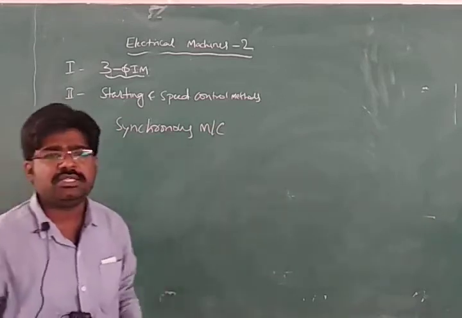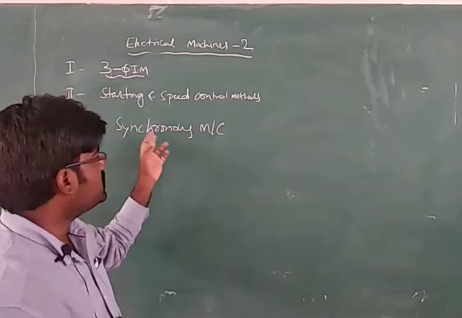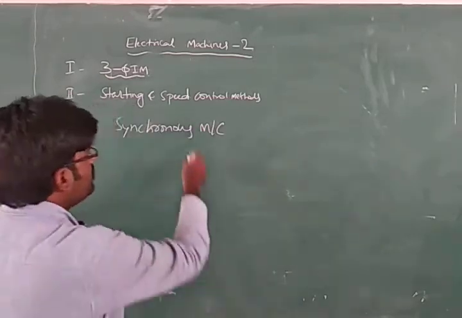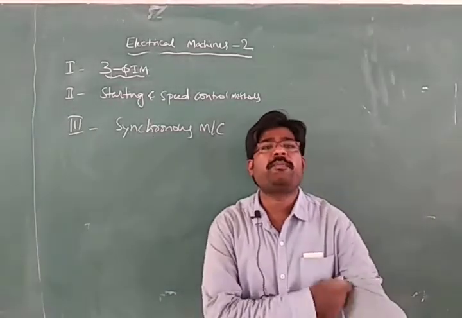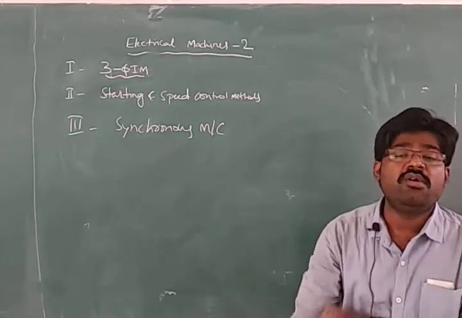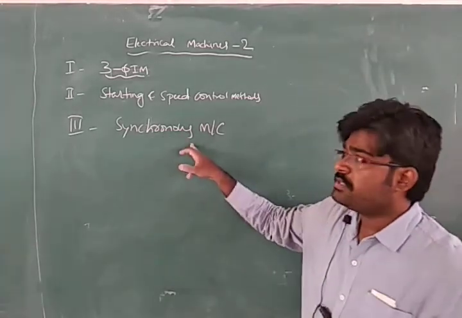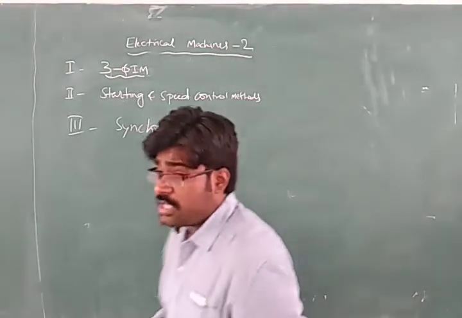Synchronous machines are constant speed machines, the speed is always constant. In this we will be studying their construction, their working, the characteristics of synchronous machines, and the various applications where we use synchronous machines.